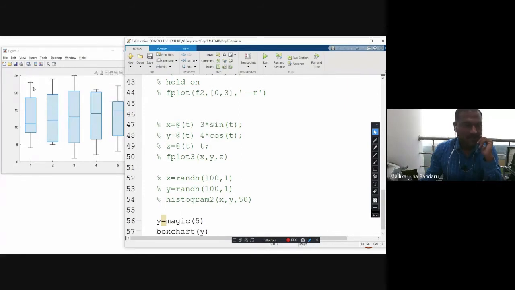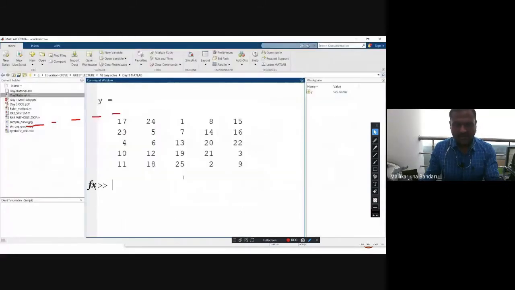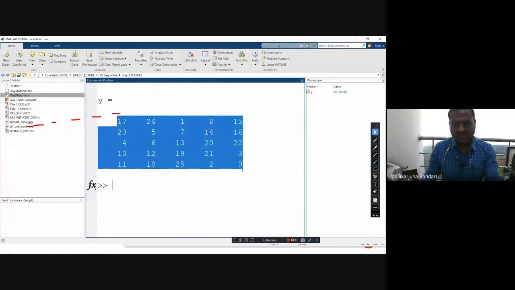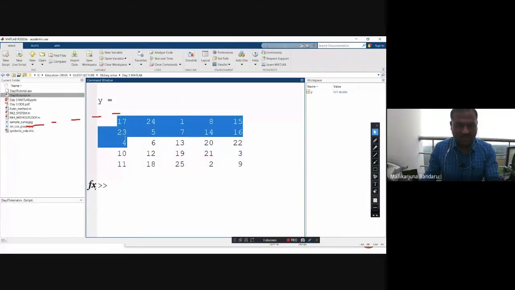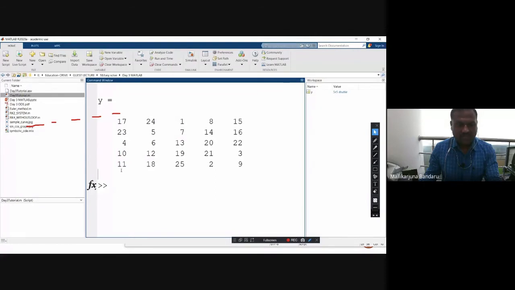Whatever underlines appear here, I mean the horizontal lines, represent the median of the data. What is the data actually? The data will appear here. So actually, this is the data, column wise: 17, 23, 4, 10, 11. For this, what is the median value?